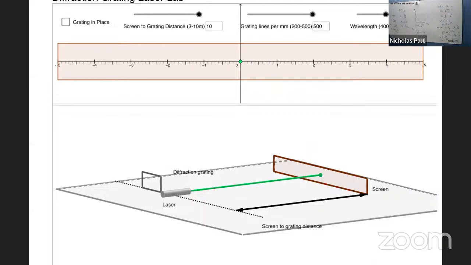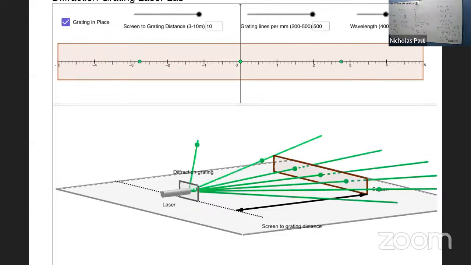Oh, sorry. I can't move it like that. So I'm going to put the grating in place. Watch this here. And watch what happens. That pattern you observe there is a diffraction pattern.